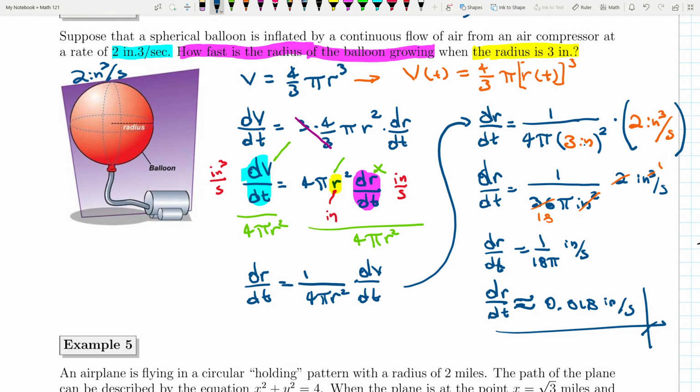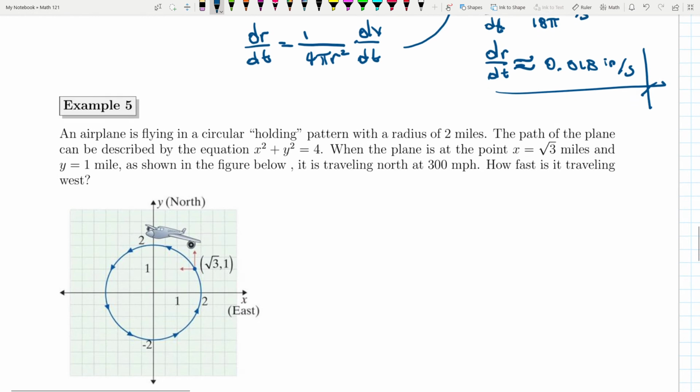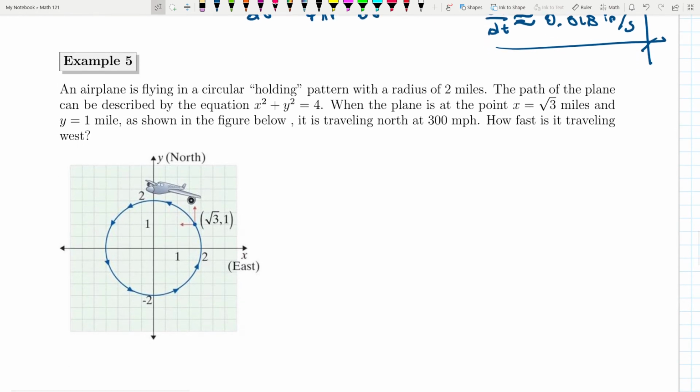Let's look at a second example. On our second example, an airplane is flying in a circular holding pattern with a radius of 2 miles away from an airport. The path of the plane can be described by the equation x squared plus y squared equals 4.